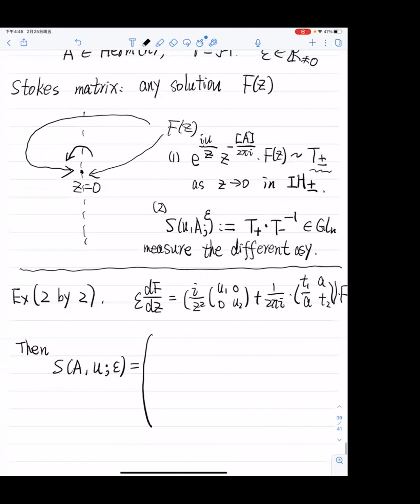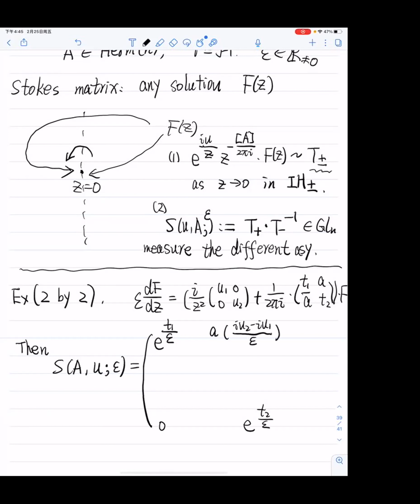takes the following form. The diagonal elements are exponential of T1 over epsilon and exponential of T2 over epsilon. The element in the first row, second column looks complicated, but it's still explicitly given.